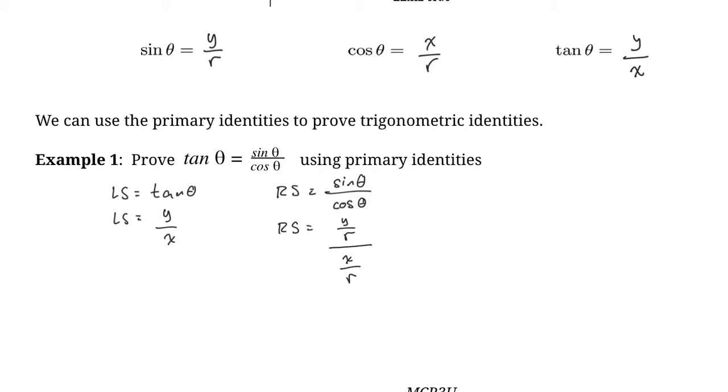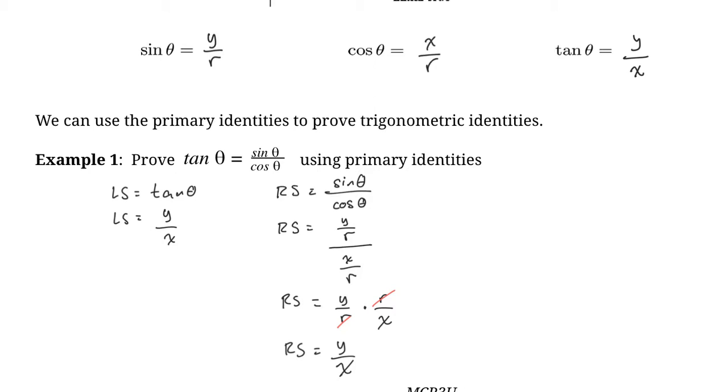Now y over r is being divided by x over r, and that just simplifies to y over r multiplied by the reciprocal r over x. These r's can cancel each other out, so we're going to be just left with y over x on the right side. And that's the exact same thing we have on the left side.